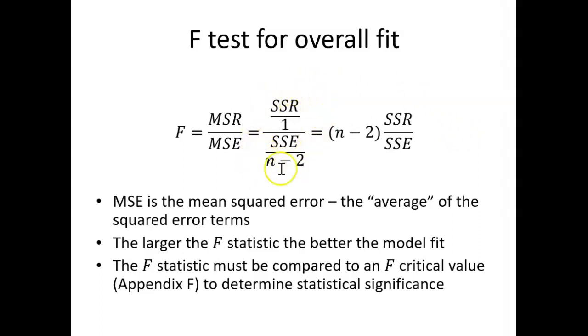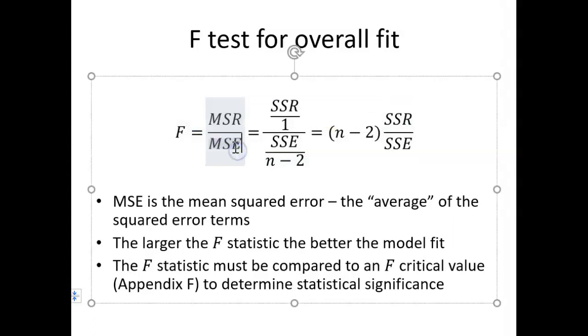in the middle here, you can see that we've taken the ratio of the explained sum of squares divided by the unexplained sum of squares divided pretty much by the sample size, n minus 2, the degrees of freedom. So this denominator is called the MSE, the mean squared error.